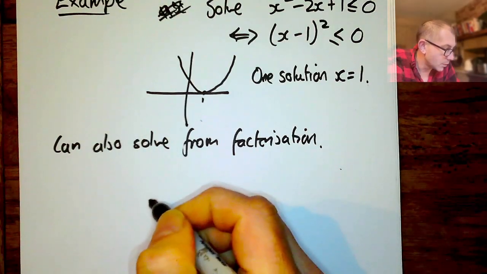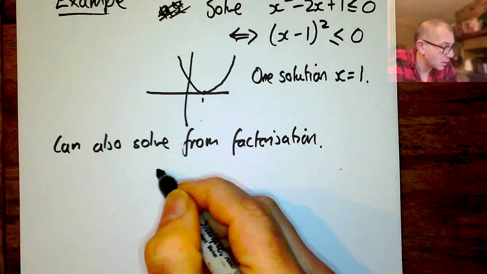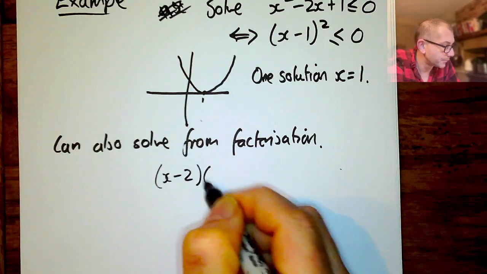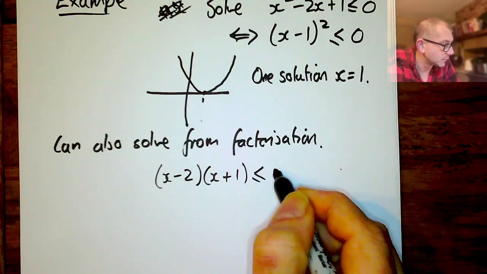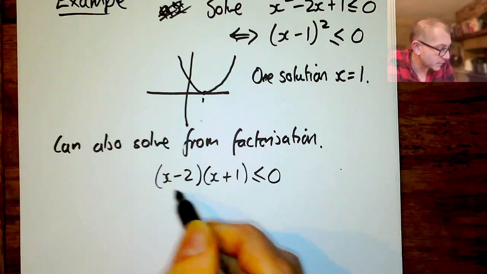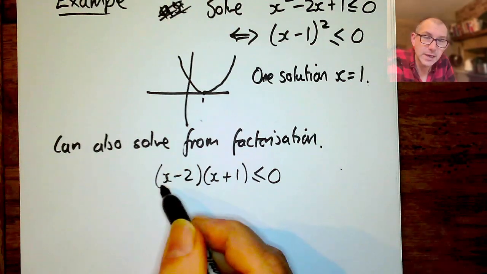So let's say we took (x minus 2)(x plus 1) less than or equal to 0, then just have a think about when these two are going to be positive or negative.